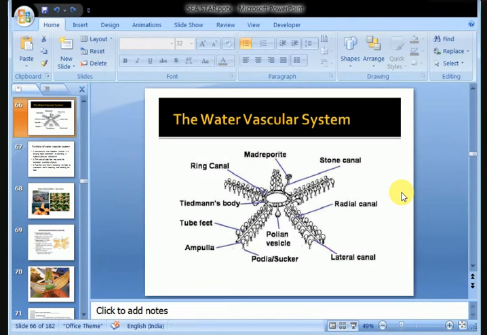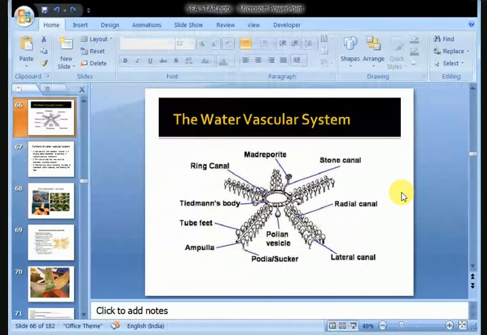Then on all the radii, which run in the arms, there are radial canals, each of which runs all along the length of the arm. So that is the radial canal. And then the canals leading to these structures, which are called tube feet.